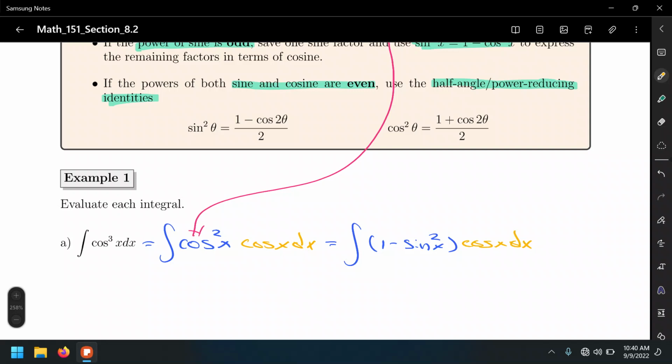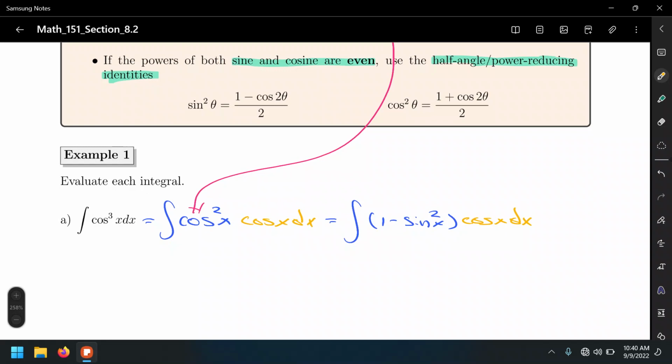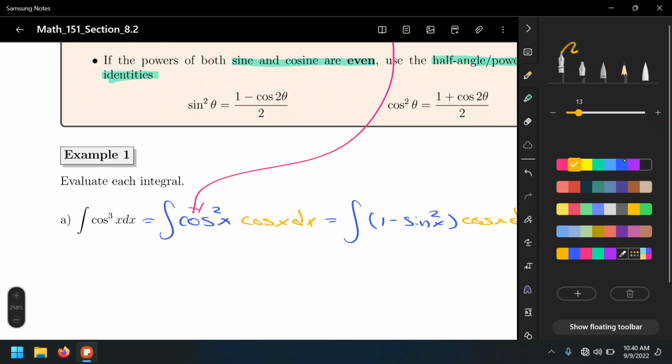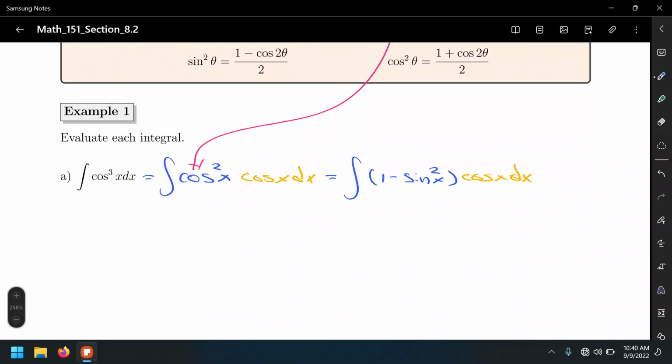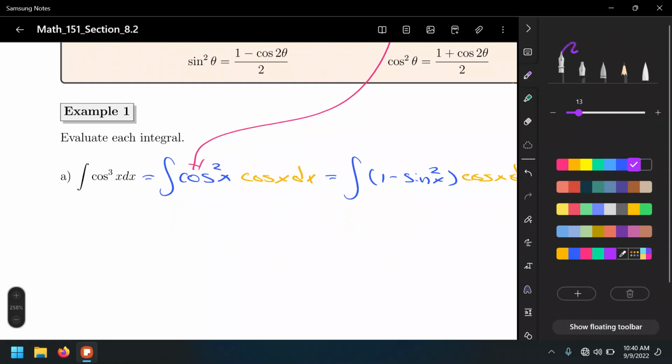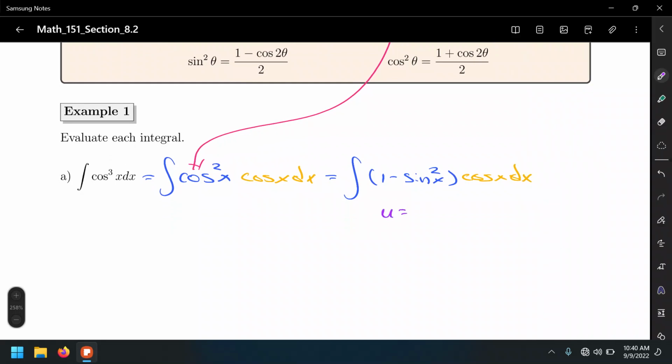From here we could create two separate integrals, but actually we can do the u substitution in this case. So u will be sine x, du equals the derivative of u, which is cosine x dx, and it's already here to serve as the du part of the problem.